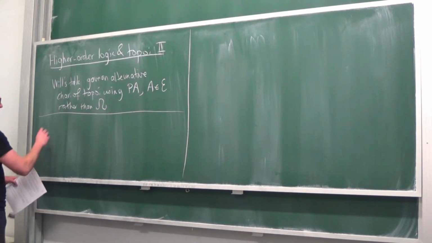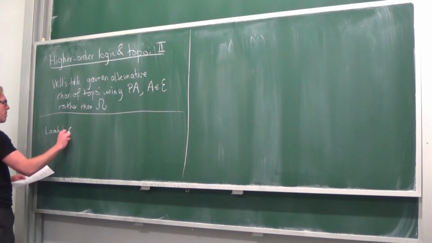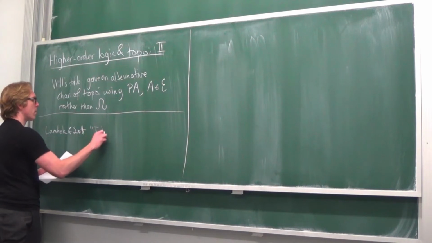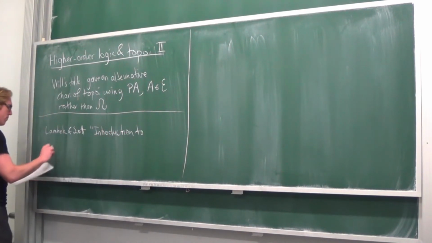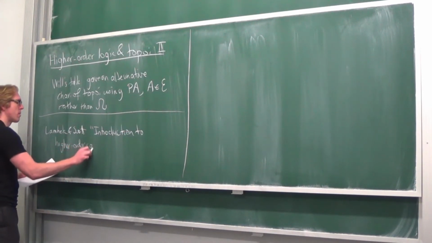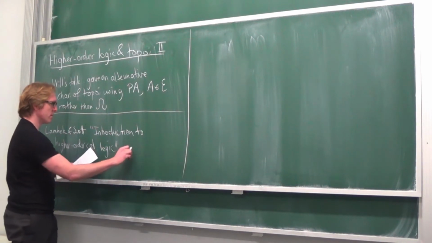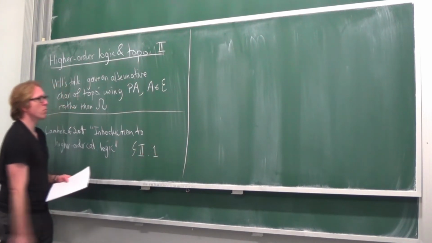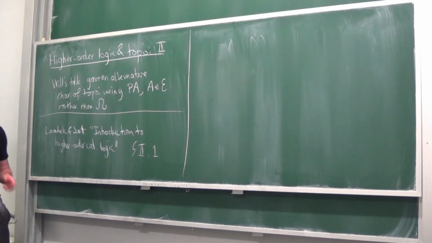So this entire talk is going to follow Lambek and Scott. Basically part 2, section 1, with the exception that my type theories and therefore my topoi don't have natural numbers objects, right?